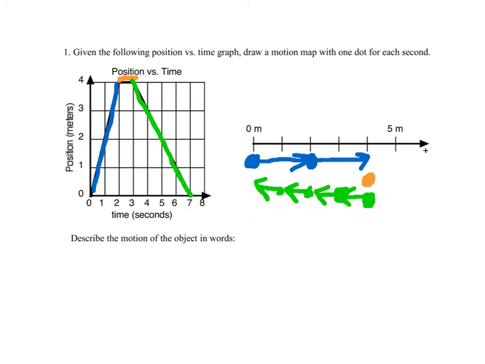So looking at both of these, I'm starting here, going up to this position, I'm staying still for a second, and then I'm going to go back at a slower velocity than what I went forward with.